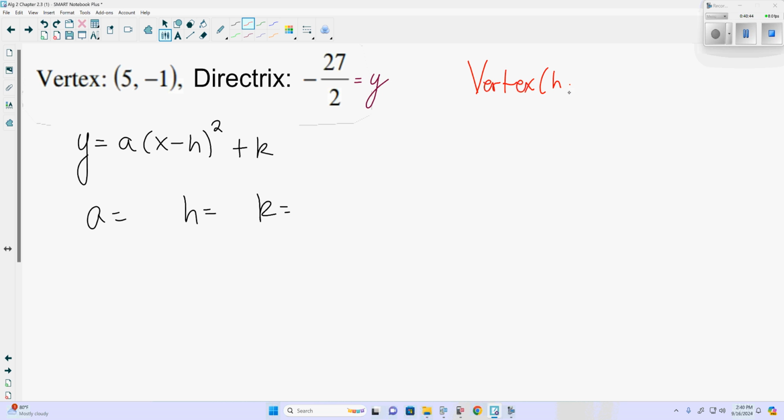Vertex in the general form is h comma k. Our directrix, y equals k minus p. The vertex for this here is (5, negative 1). So h is 5, k is negative 1.